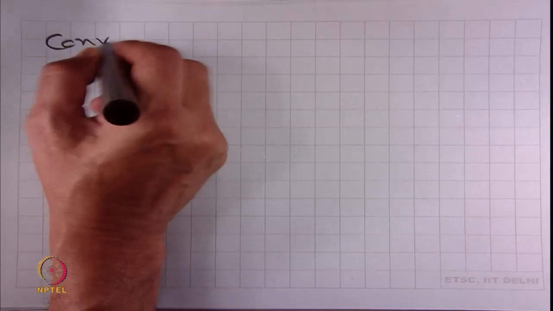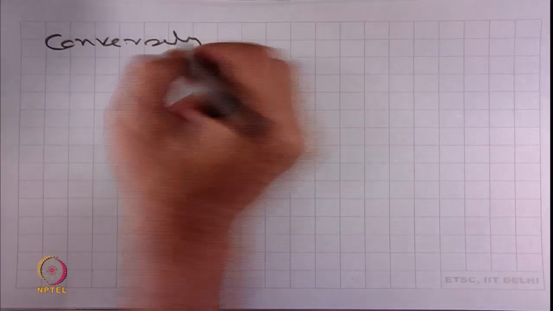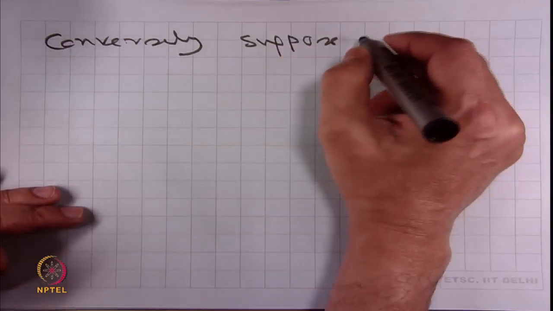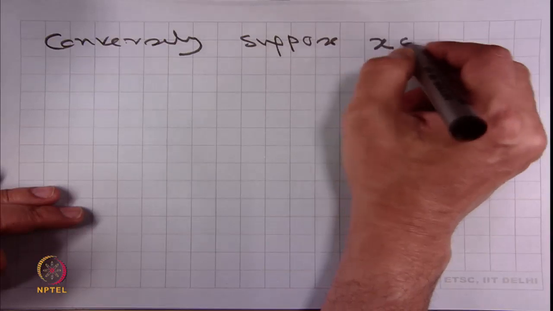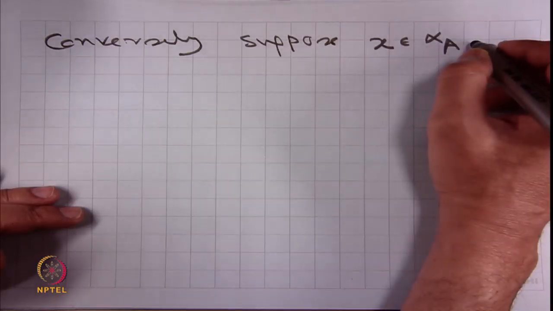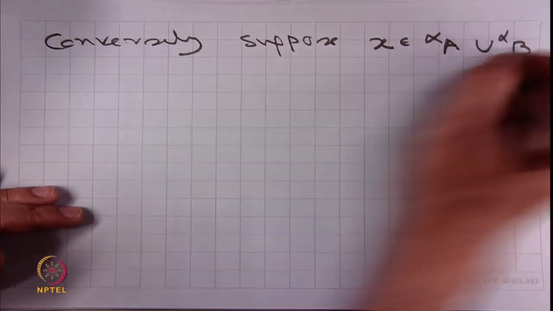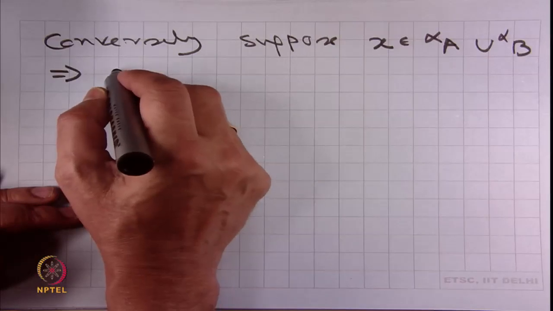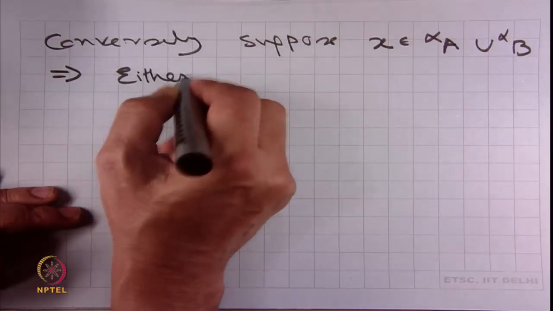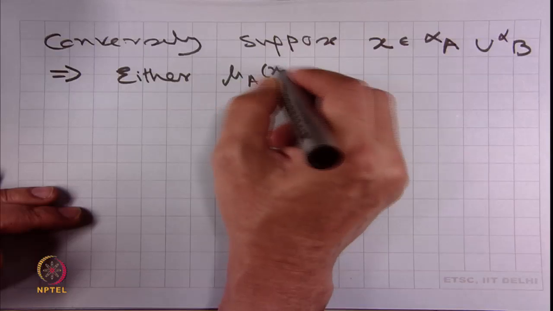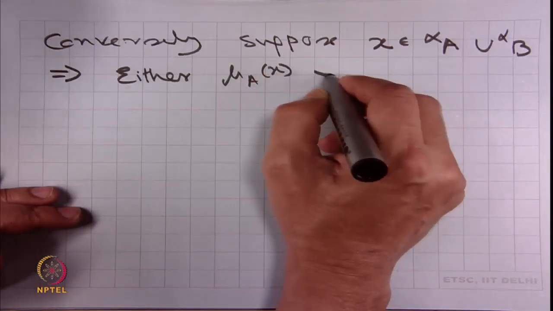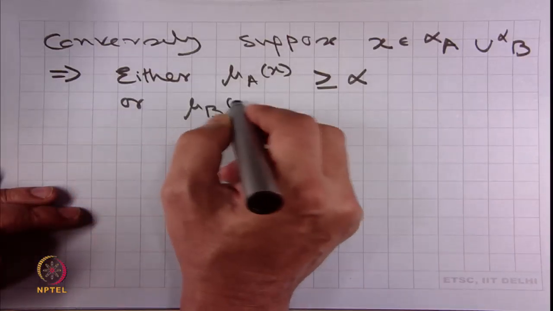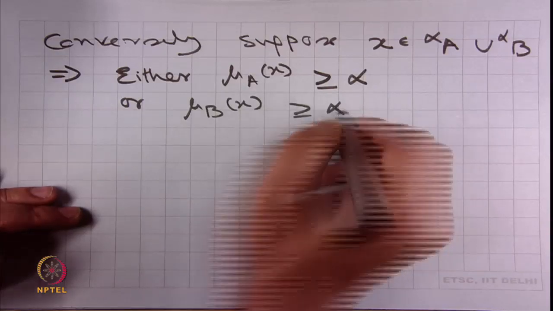Conversely, suppose x belongs to alpha cut of A union alpha cut of B, implies either mu A x is greater than equal to alpha or mu B x is greater than equal to alpha.